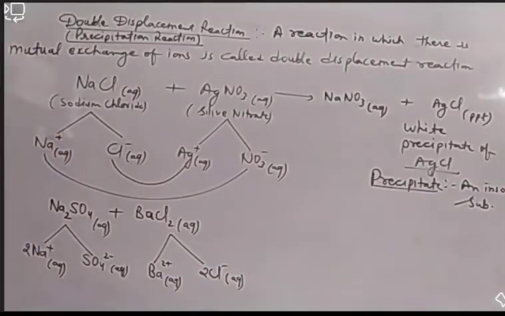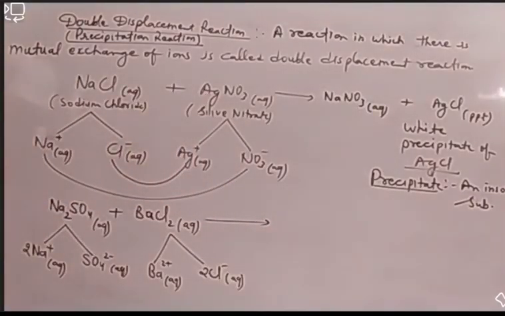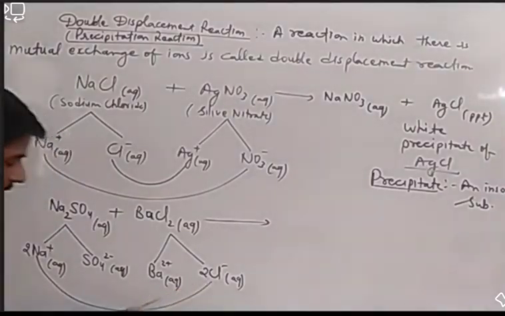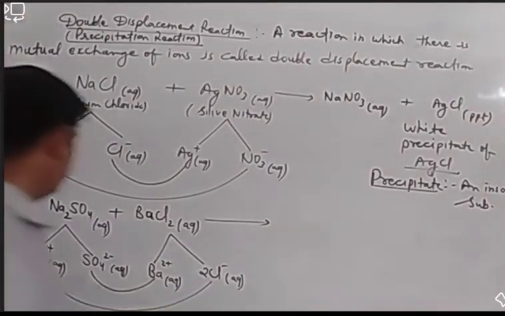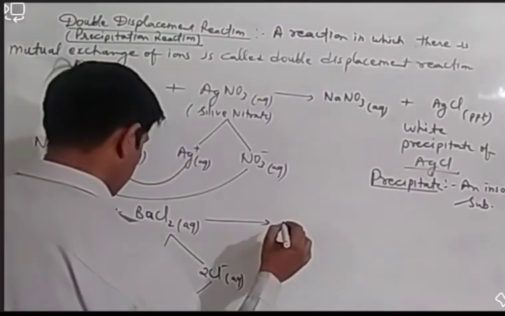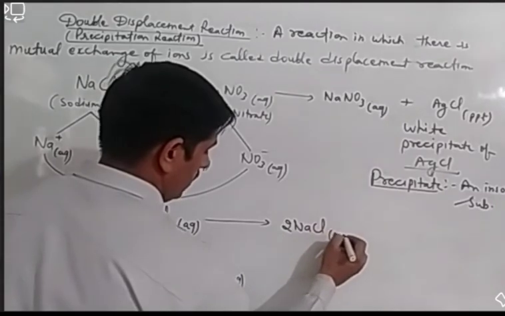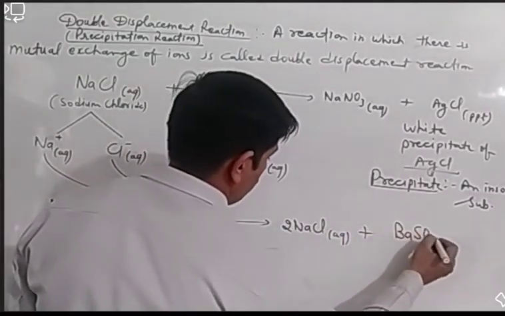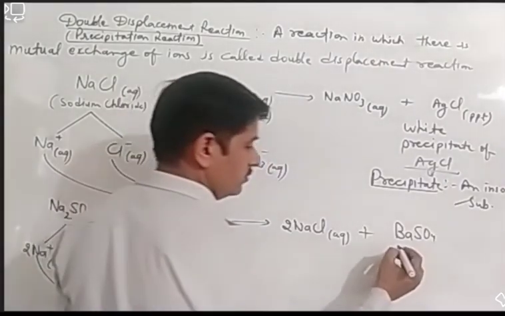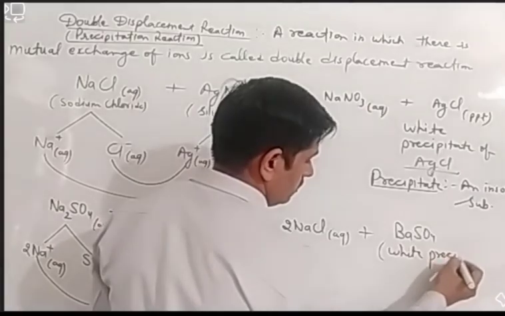As we studied, there is a mutual exchange of ions. So Na will combine with Cl and Ba will combine with SO4, and new substances will be formed: 2NaCl aqueous and BaSO4, which is a white precipitate.